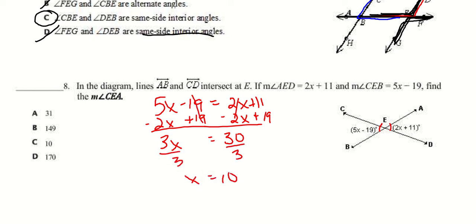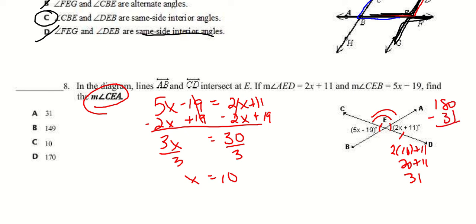Now don't choose 10, because it says what's CEA. CEA is actually next door here. So I've got to find one of these angles and then take away from 180. We'll plug into the easier one here, 2x plus 11. So 2 times 10 plus 11 would be 20 plus 11, which is 31. And so 180 minus that should be 149. So there's choice B.